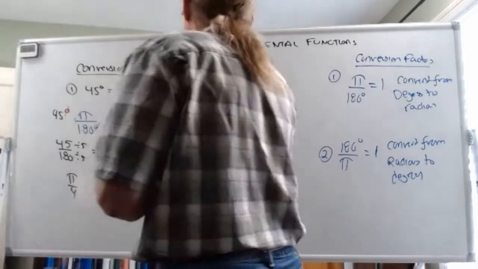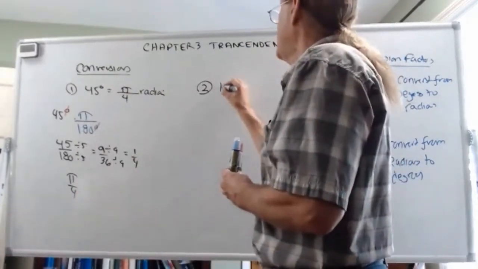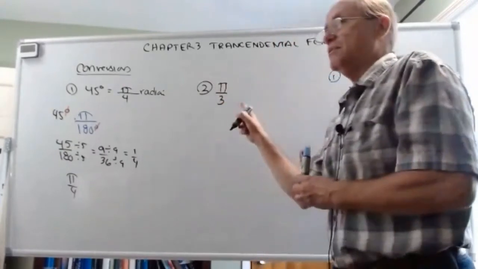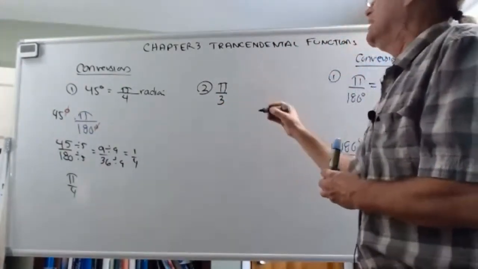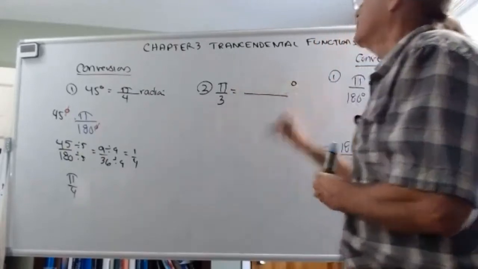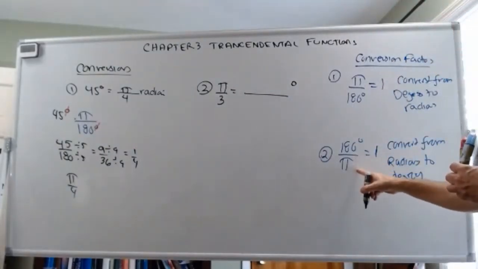Let's take a look at another one. Say I have, in this case, pi divided by 3, no degree symbol, and that's radians, so I'd like to convert that into some measure in terms of degrees. Well, now I'm going to use this formulation over here.